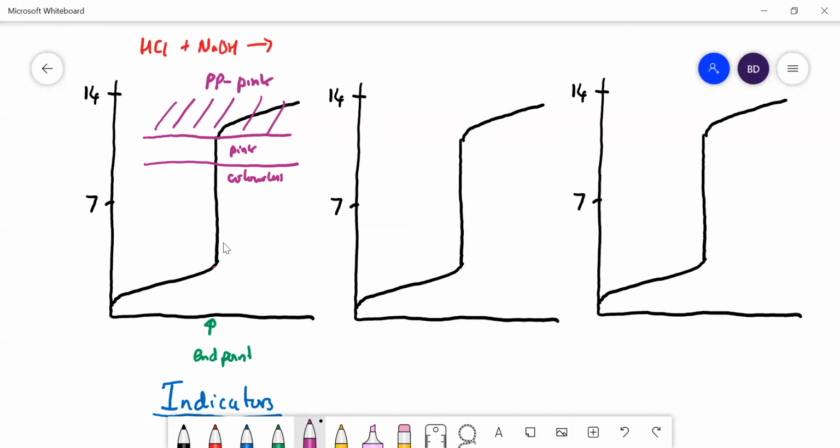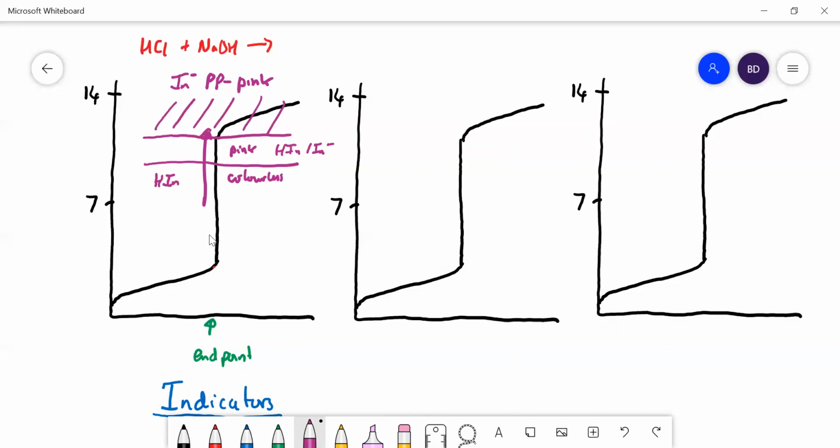And the reason for that is, phenolphthalein here, the In minus is going to predominate, so you're going to have mostly In minus, the conjugate base. When it's colorless, it's going to be nearly all the HIn in the protonated form, and in this pink region it's going to be a mixture of HIn and In minus. And you can see when you only add one drop it shoots right through the colorless all the way to being pink. So you get a very sudden color change.